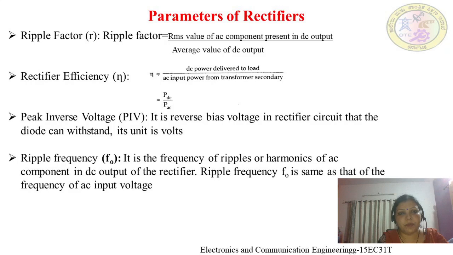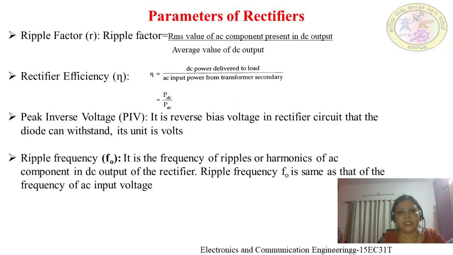Therefore, ripple factor signifies, it's a quantitative measure. It signifies the amount of noise associated in the rectifier output in the form of an AC component. So it is unitless. It is defined as the ratio of RMS value of AC component present in DC output to the average value of DC output.